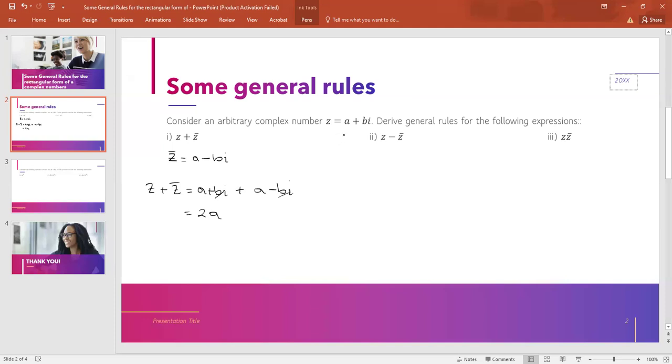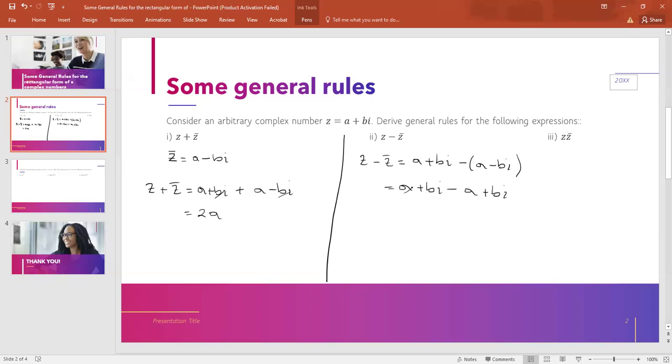Now let's derive a rule for the expression z minus z bar. So z minus z bar is equal to a plus bi minus, we put everything in the bracket, a minus bi. We open up the bracket to obtain a plus bi minus a plus bi.